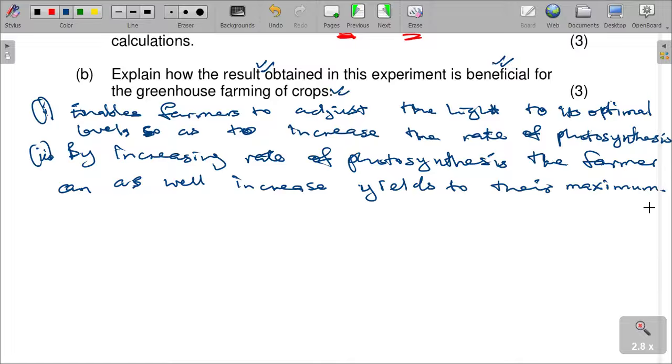You see, it enables farmers to make sure that maximum yields are produced by ensuring effective photosynthesis. When effective photosynthesis takes place, obviously we are to produce the best because the plants are manufacturing their food to the fullest. You understand?